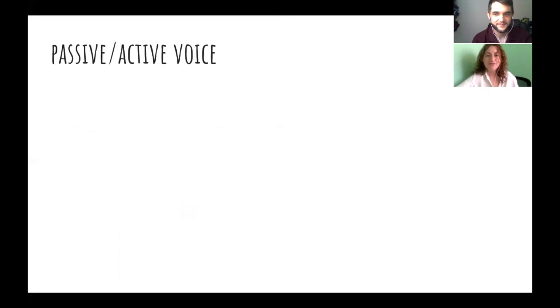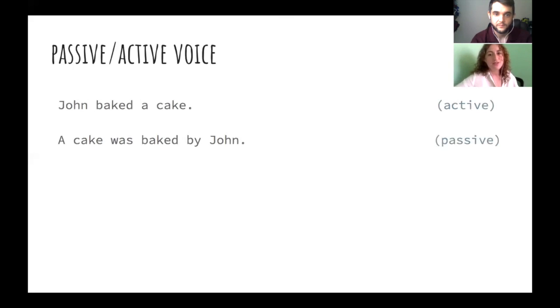Okay. Slightly related to the positioning of the subject in the sentence is an idea of passive or active voice. So let's look at these examples. We have the first one, John baked a cake. This is an example of an active voiced sentence. We've got the subject, John, and this subject is doing something.